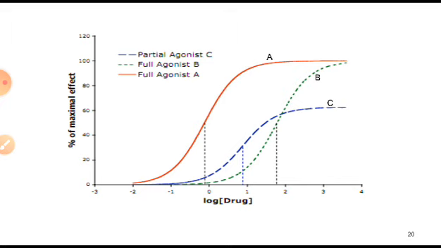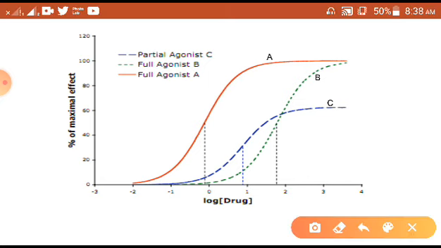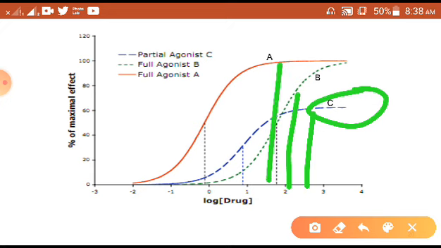And the partial agonist needs a dose in between A and B, but its response is very low. It reached only here, while the others reach here and here.